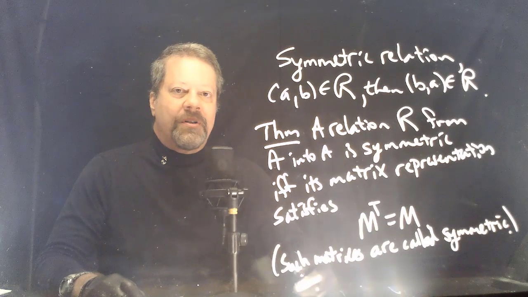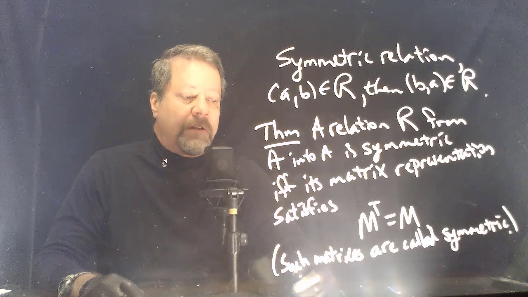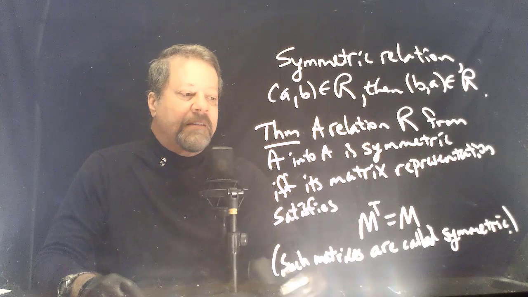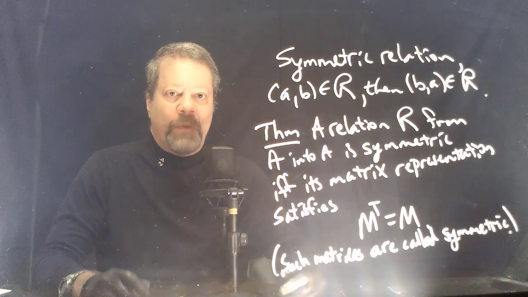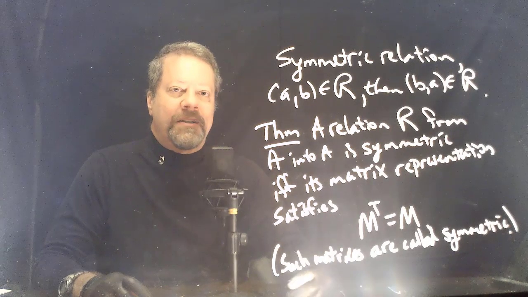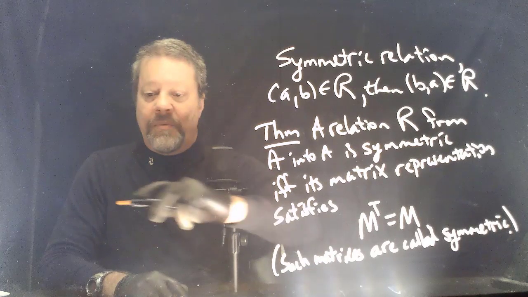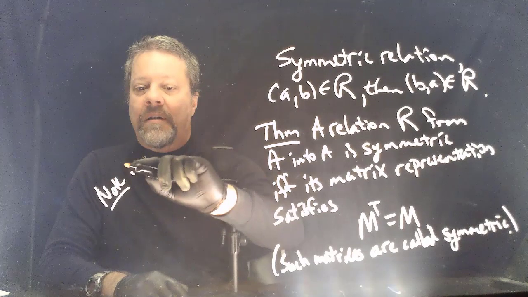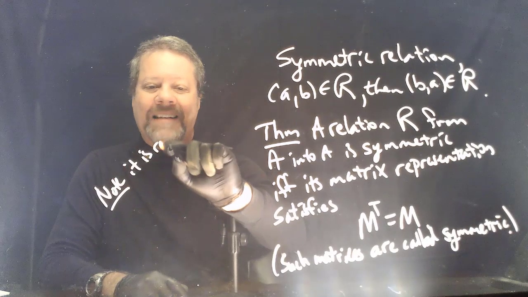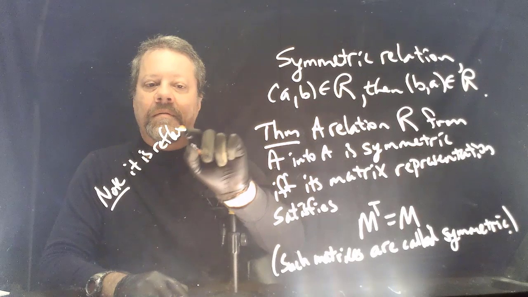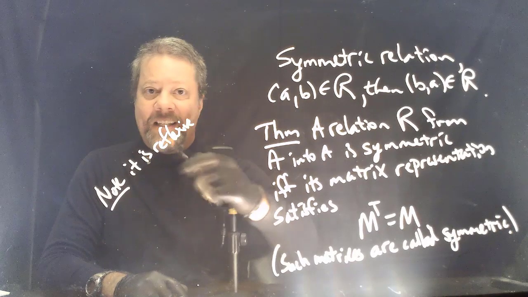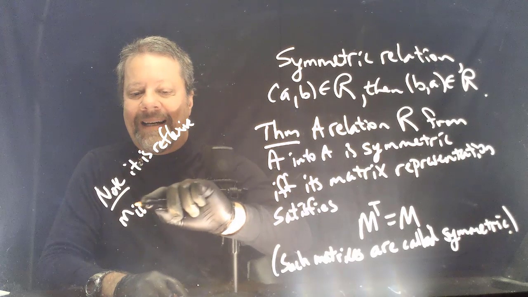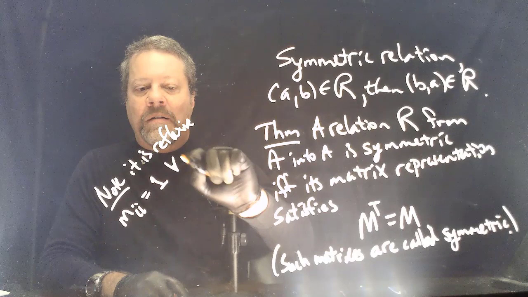So you can determine whether or not a relation is symmetric by looking at its matrix. If the transpose of the matrix equals itself, then the relation is symmetric, and we say that the matrix itself is symmetric. We can also note that if the relation is reflexive, we know that (a,a) has to be in the relation, which means that all of the diagonal elements, M_ii, will be 1 for all i.